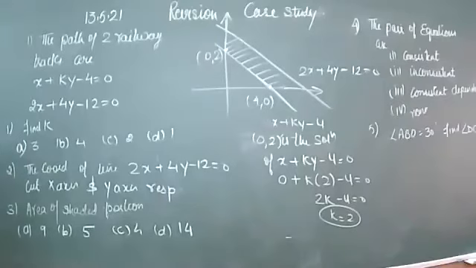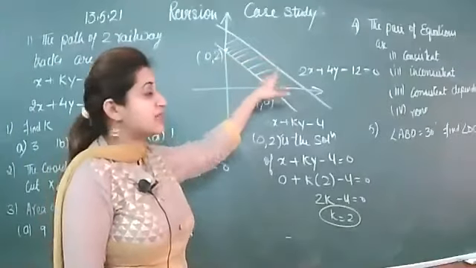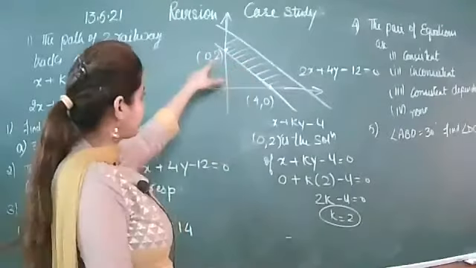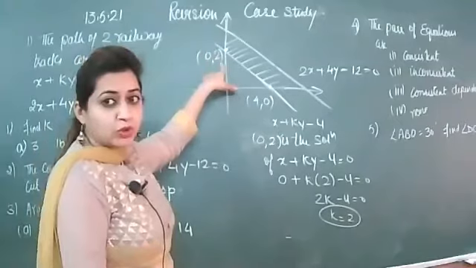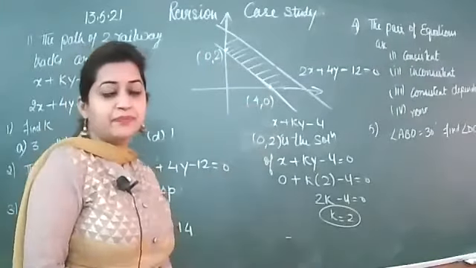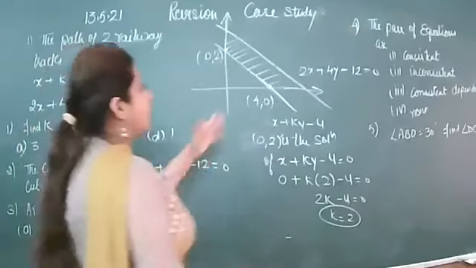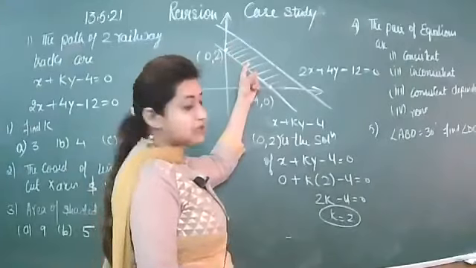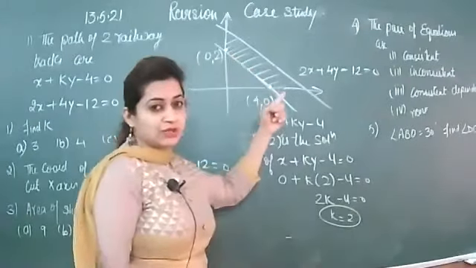Yes, beta, listen to me once again. You are given the two railway tracks, the graph of the railway track that is in the form of a linear equation that is already drawn. This line is meeting the y-axis at (0, 2) and the x-axis at (4, 0). As you can see, the graph is of the parallel line type. So that means the system of equations has no solution.